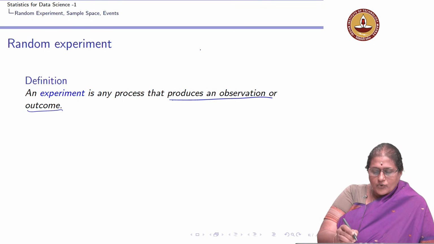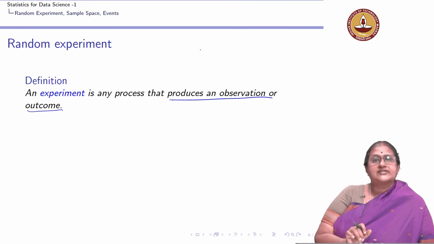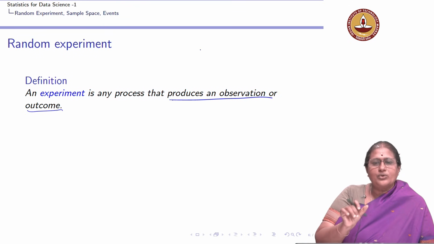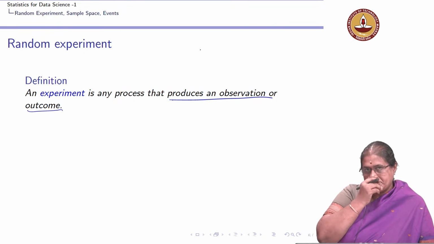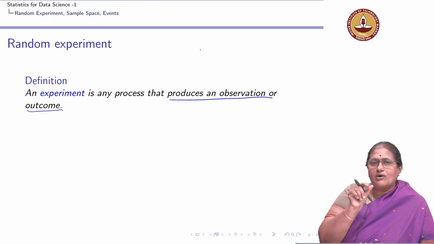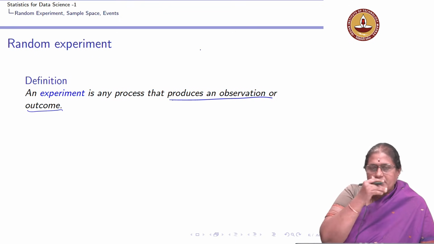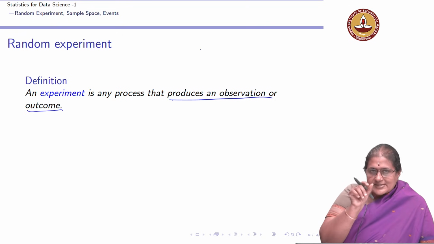For example, if I am just monitoring the time taken to measure certain output from a certain machine, or if I am measuring the diameter of nuts or bolts which are produced by a certain machine, this is my experiment because it is producing an observation.